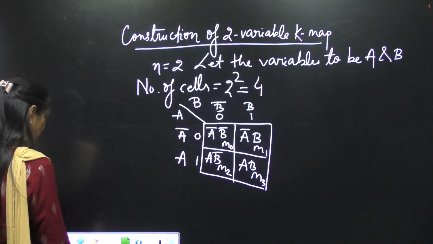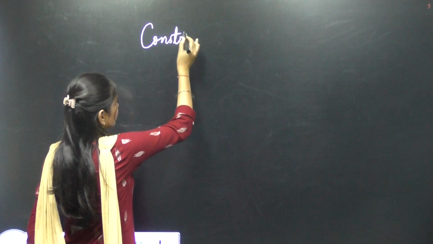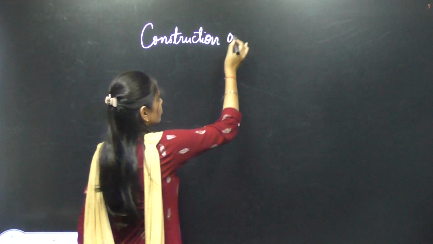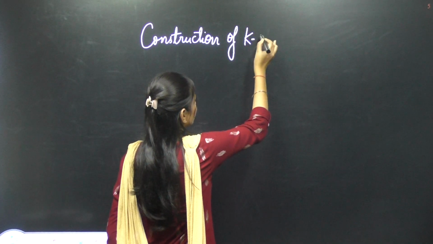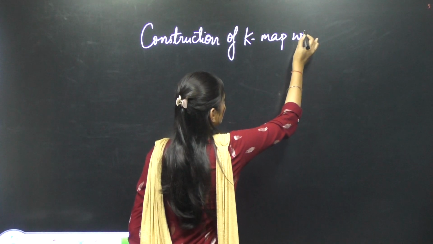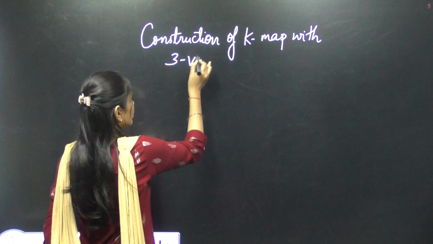So now let us learn about the construction of the K-map with 3 variables.